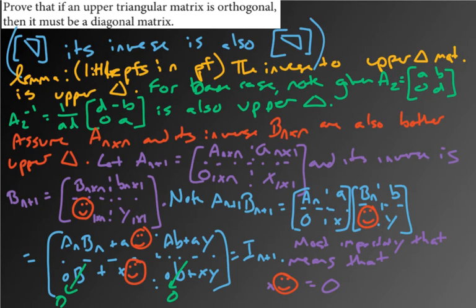Because if it's an identity, then you should have 0 here and 0 here, right? And so this part has to be 0. And so x can't be 0. I'm just going to note x can't be 0, and that's because it's part of my upper triangular matrix A here. So the evil smiley face has to be 0.